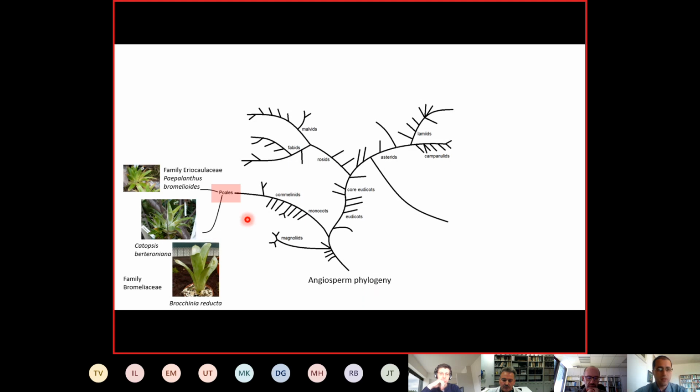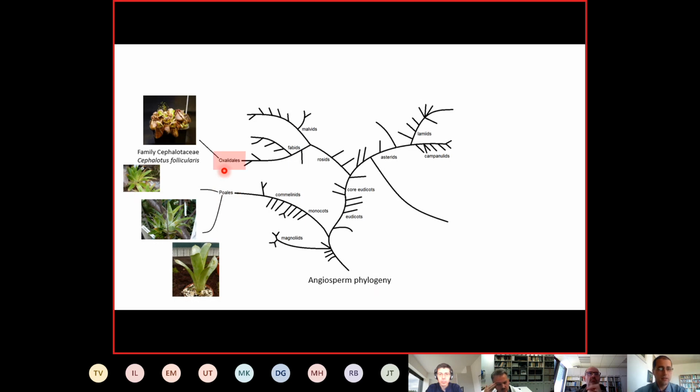The first one is Poales, where in the families Bromeliaceae and Eriocaulaceae there are a few species of carnivorous bromeliads and Paepalanthus bromelioides.